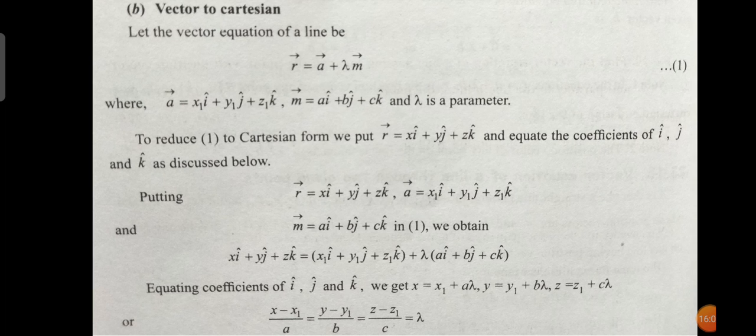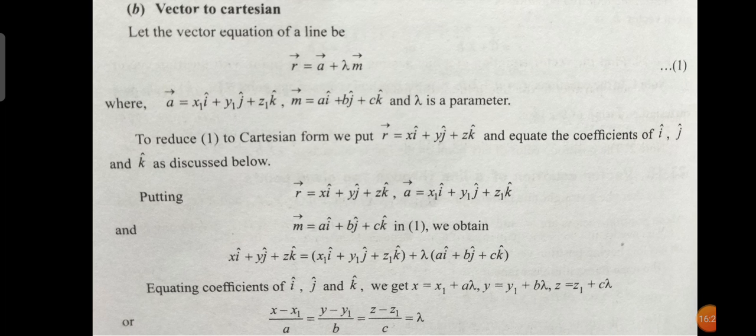And next is vector to Cartesian. The vector form we know, R is equal to a plus lambda m, where a is the position vector of that point, m is the vector parallel to the line, and lambda is the parameter. Vice versa, we can change it.